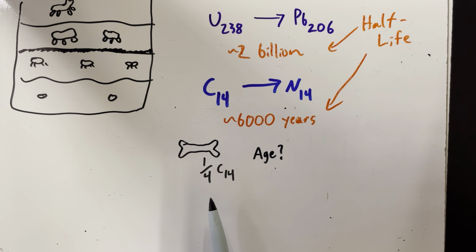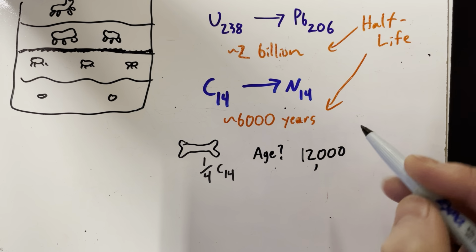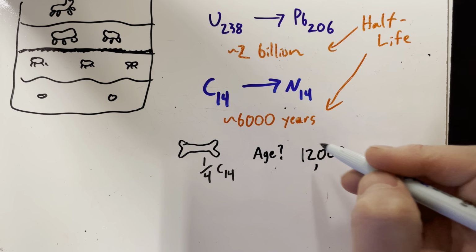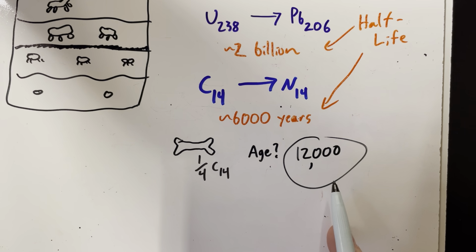And now it's down to a quarter of its carbon-14. 9,000. No, 12,000. I'm guessing 12. But we're going the other way. So it's actually 12,000 years. I got it, after a lot of wrong guesses.